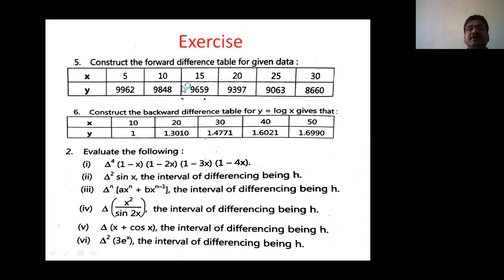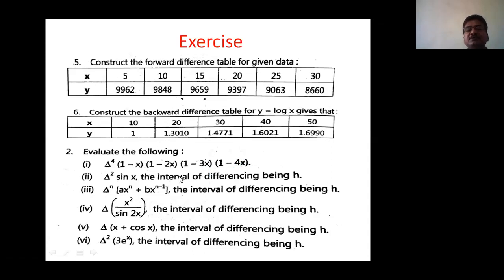So these are the exercises for you to solve: prepare forward difference table, prepare backward difference table, then find delta raised to 4 of this. Again, the multiplication of these brackets is a polynomial of degree 4, whose leading coefficient is what? Minus 1 into minus 2 into minus 3 into minus 4: 4 threes are 12, 12 twos are 24, plus 24.